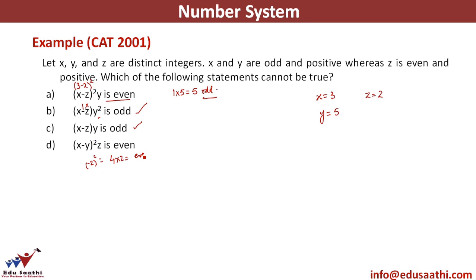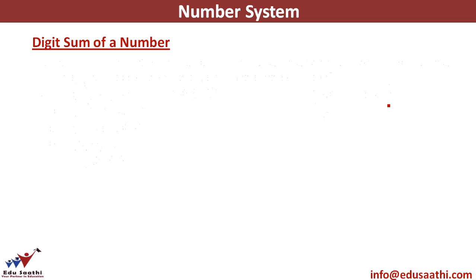It is even. This is true because z is even, so whether y is odd or even, this will always turn out to be even. So the statement which cannot be true is the first statement because it is coming out to be odd in the case where I have assumed x equal to 3, z equal to 2 and y equal to 5.